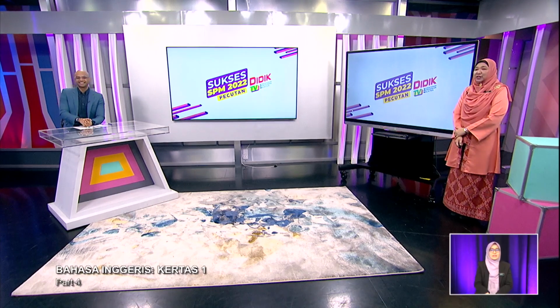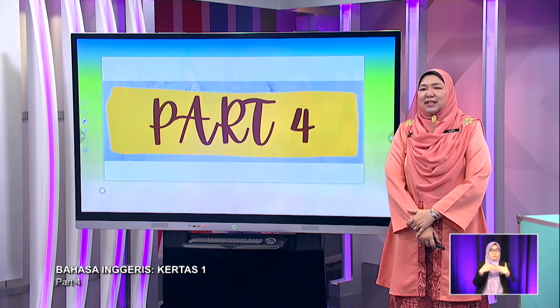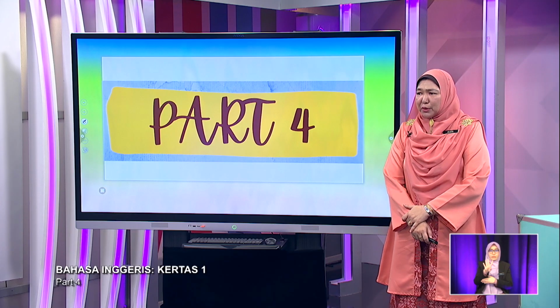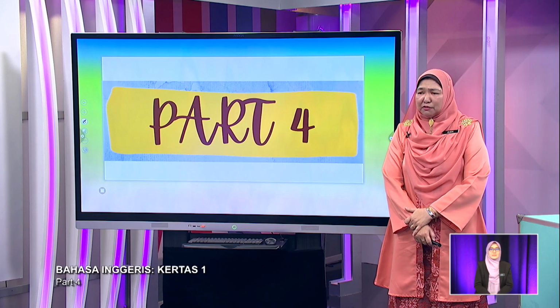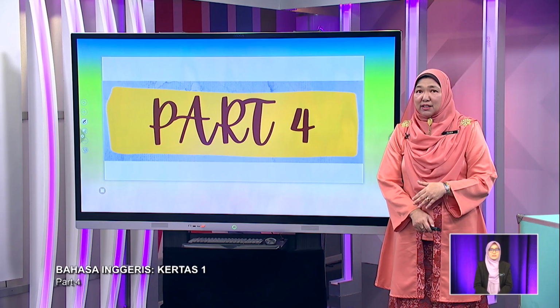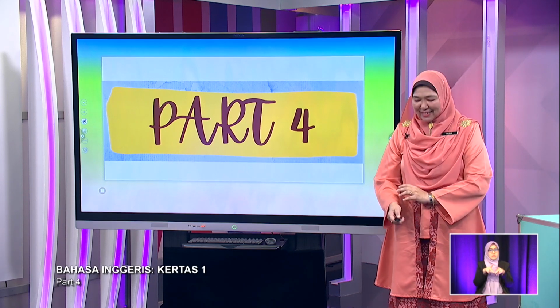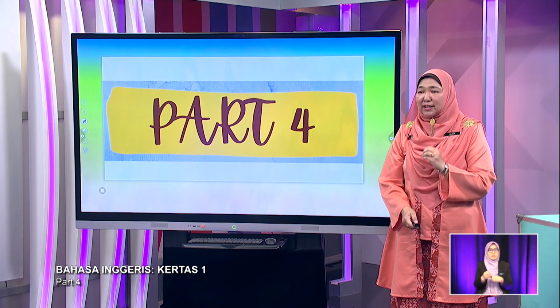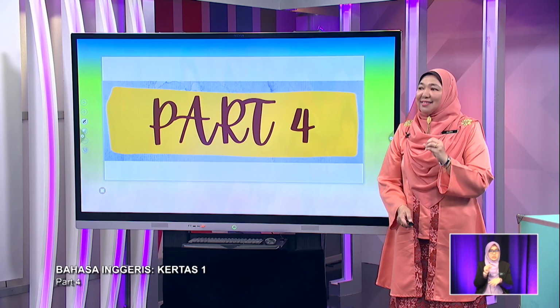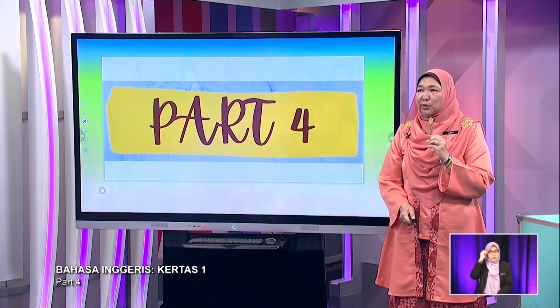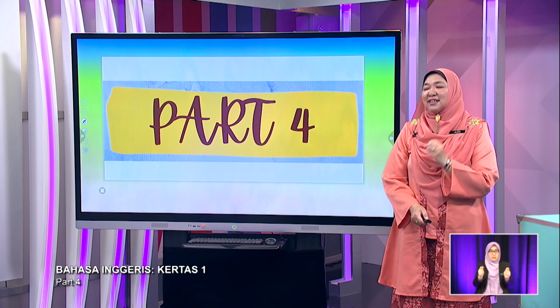Okay, we are going to continue with part 4. Part 4, in fact, requires more of the pupils' time, because they need to really understand the text in order to get the correct answer.